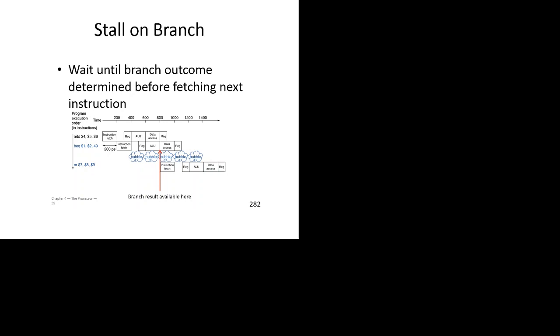So load word is done, no op, and then branch equal is executing, and now it's checking the registers, and load word's already done, so it's checking the correct register with the correct value. So we stall by 2 to prevent us from going down the wrong path. Okay, so there's a cost there.